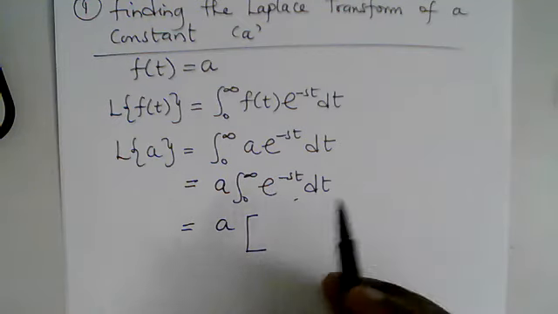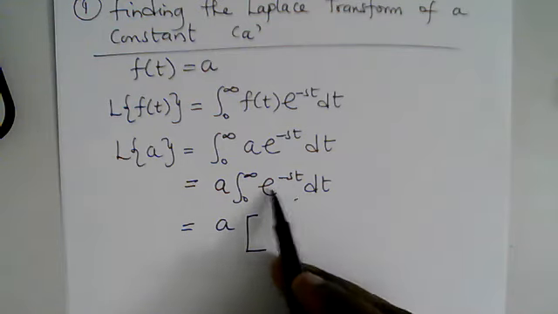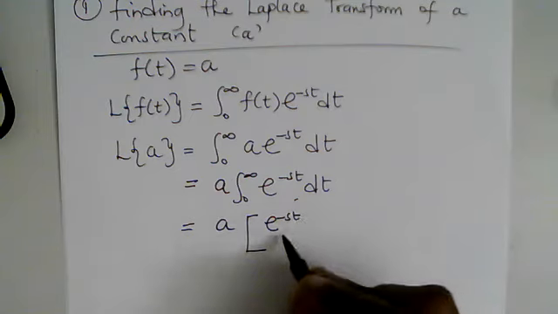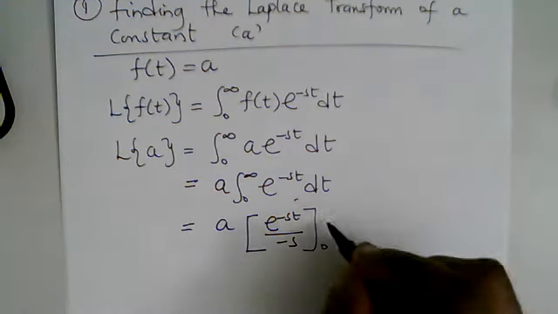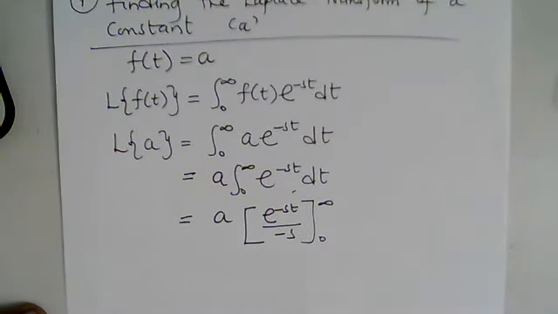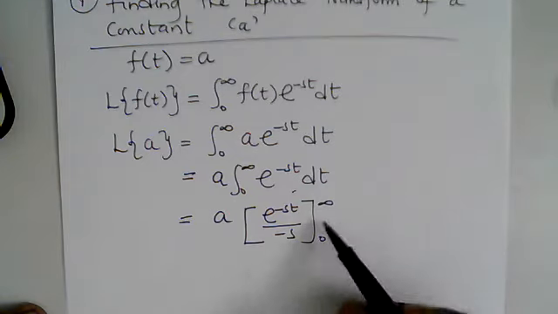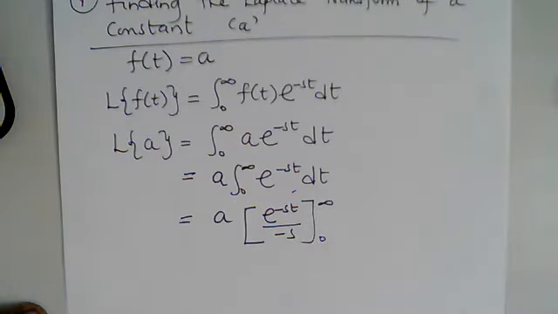Okay, so when we differentiate this, we have minus x, and then we divide it by this. So we have e to the power minus st all over minus x, and then we attach our limit e to the power infinity. Now the next step is to run your limit through, you put your limit into the function here.